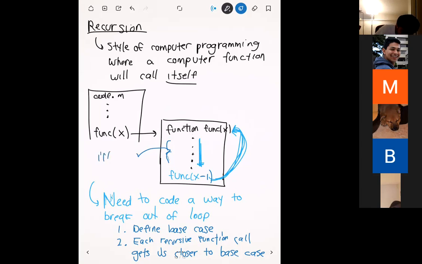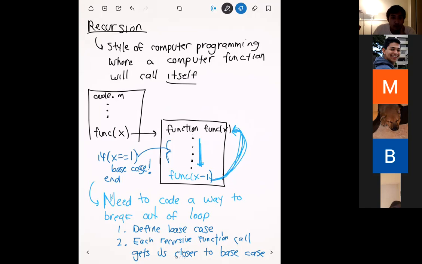And so let's say that we reach the base case when x is equal to 1, okay? And so when x is equal to 1, this is going to be our base case. And so there you can define what you do in that base case, and also kick yourself out of the loop. Okay, right?